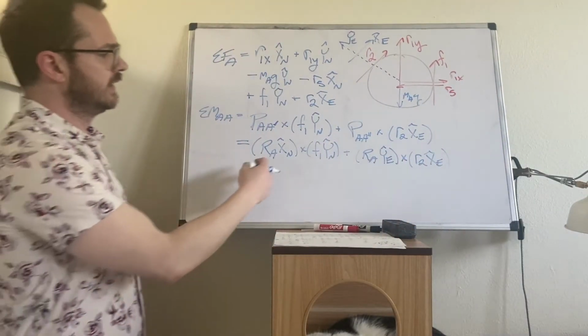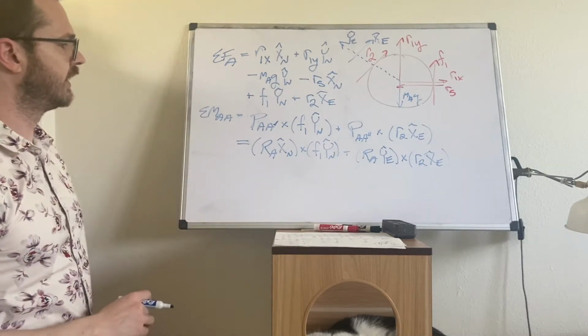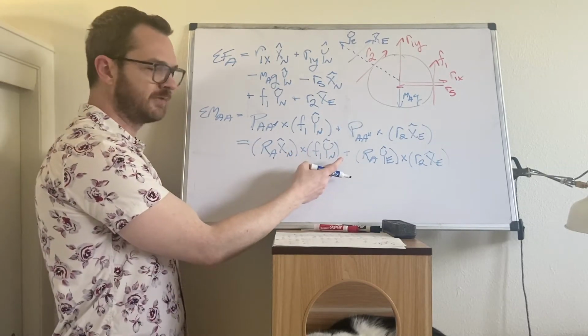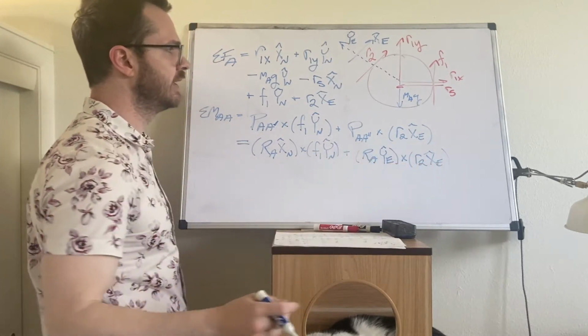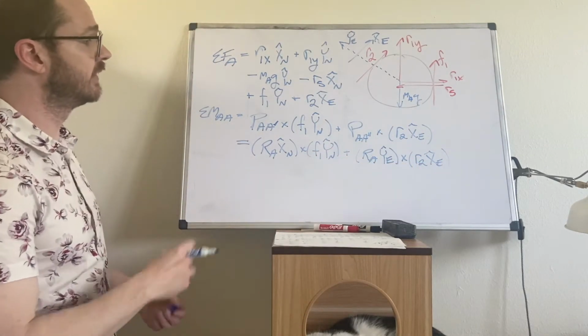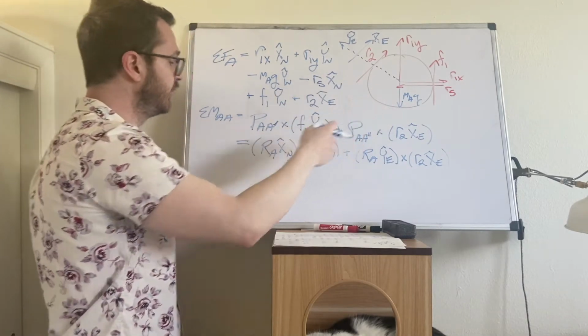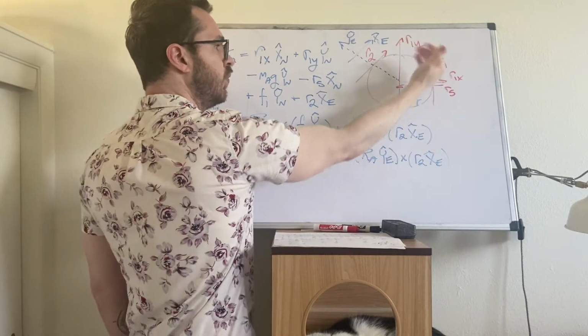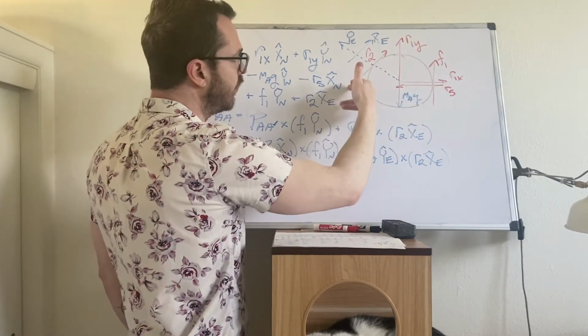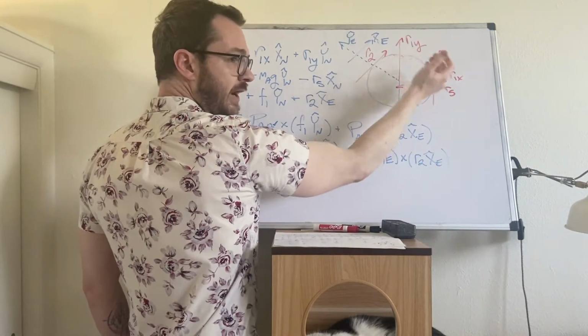Next, let's take care of these cross products. X cross Y is going to be positive Z, and Y cross X is going to be negative Z. And does that match up with the diagram, with intuition? Well, F1, the way we have drawn it, would create a positive moment. And the way that we have drawn R2, R2 would create a negative moment.